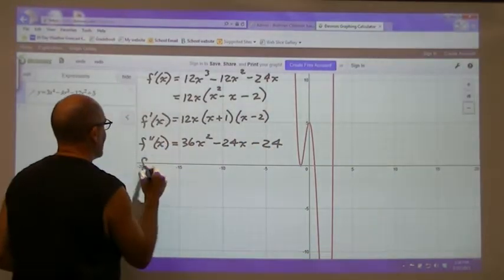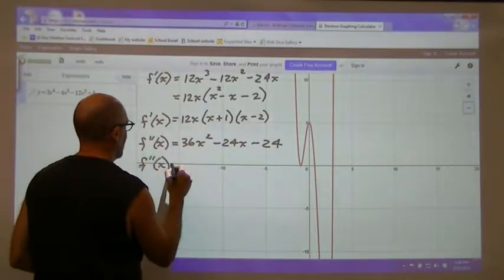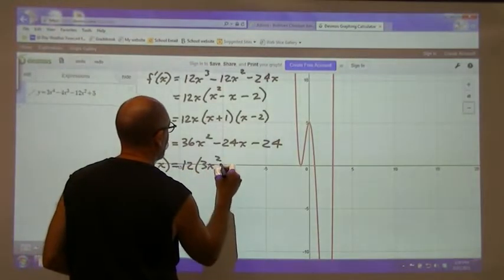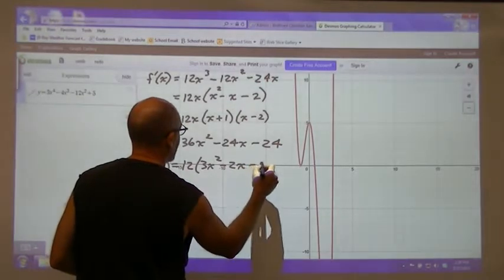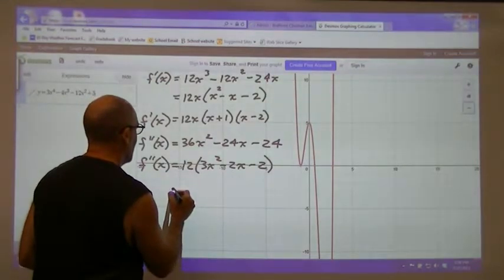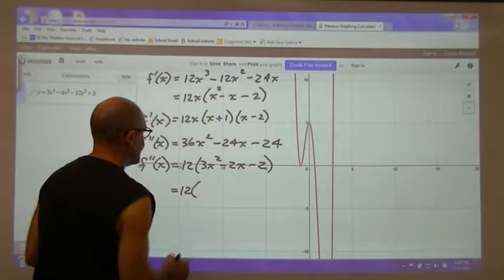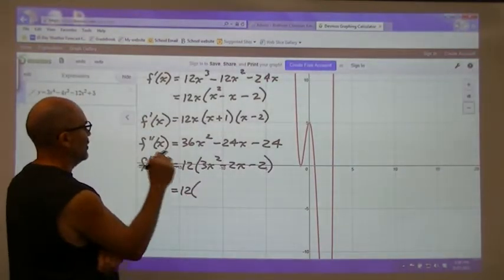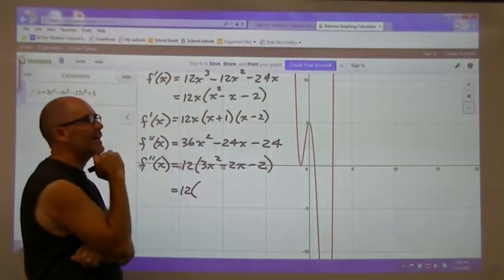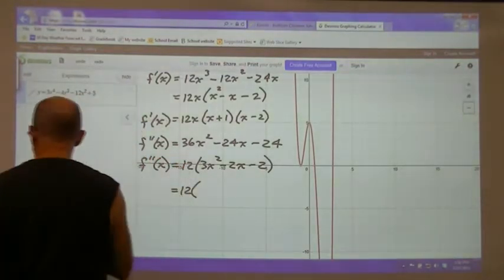Now notice we can take a 12 out of all three of these. So we end up with 12 times the quantity 3x squared minus 2x minus 2. Let's go ahead and factor this too. What multiplies to get negative 6 and adds to get negative 2? Nothing. We can't factor this thing.